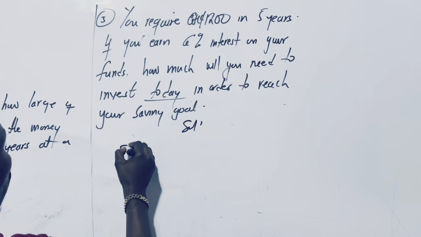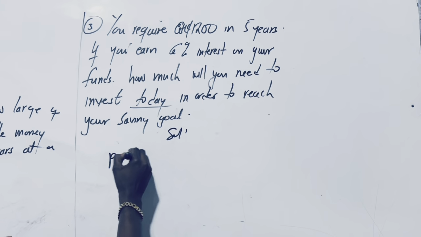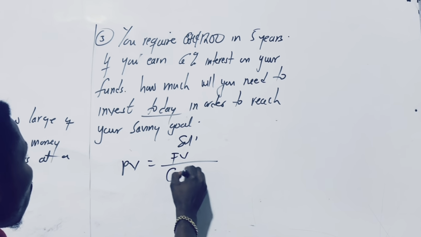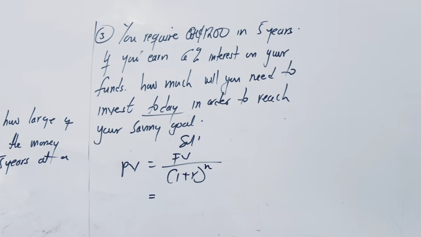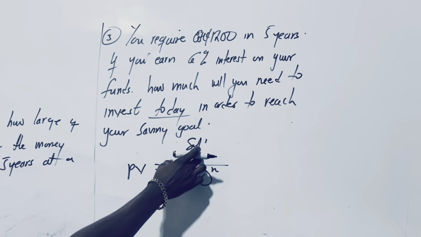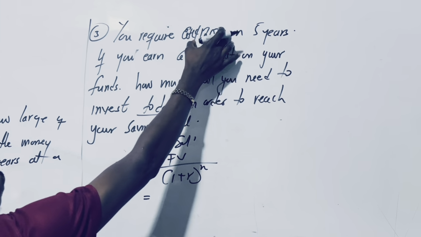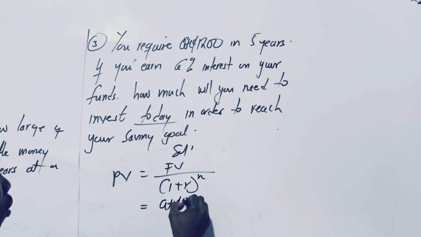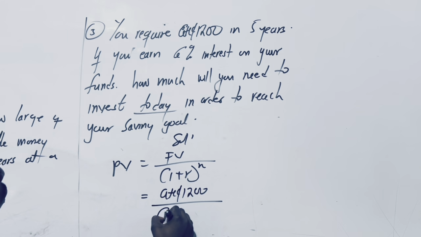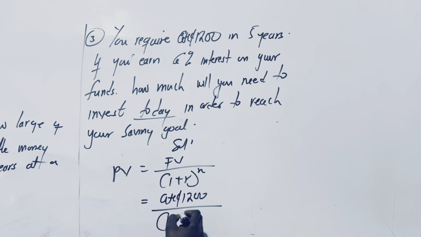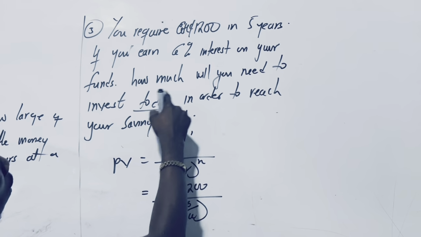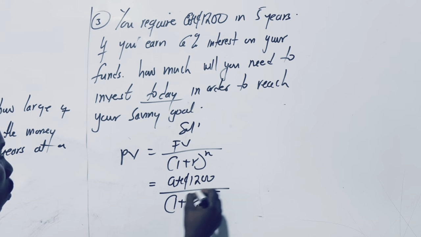So our present value is going to be future value over 1 plus r raised to the power n, where our future value is the amount of money I want in the future. That is 1,200. And this is the discount. Then the rate is 6%, 6 over 100, raised to the power how many years? 5 years.